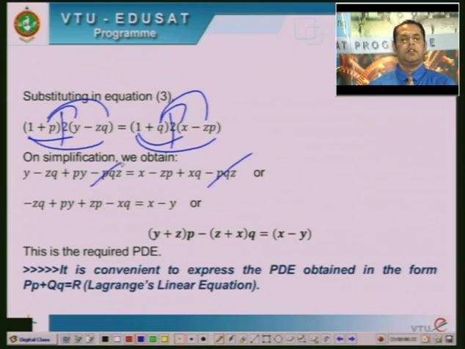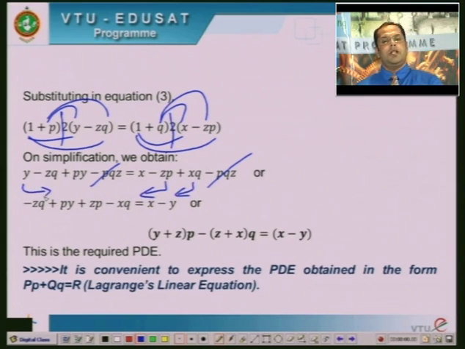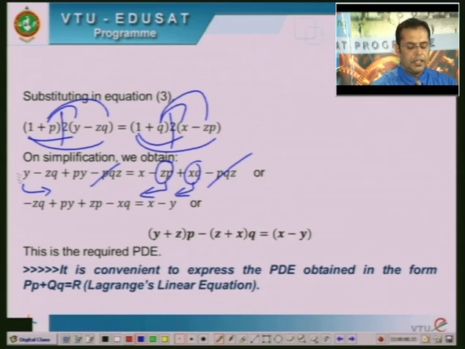Cancel the pqz terms, and as we did in the previous type, take all p and q terms to LHS, and terms not having p and q bring to RHS. So, you get minus zq plus py, minus zp becomes plus zp, then plus xq to LHS will give minus xq, equal to x, which is already present, and this term comes to RHS as minus y.